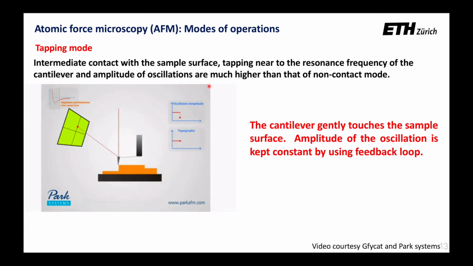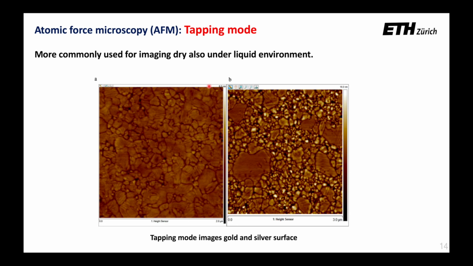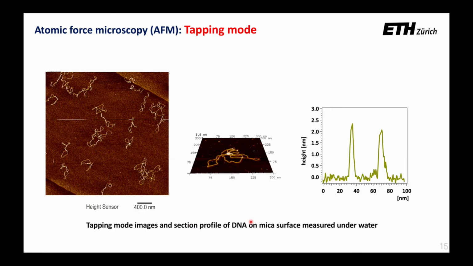And the amplitude of the oscillation is kept constant by using the feedback. And this mode is more commonly used for imaging in dry as well as in liquid. For example, here even a soft sample, a single DNA strand, can be imaged in liquid by using this tapping mode.